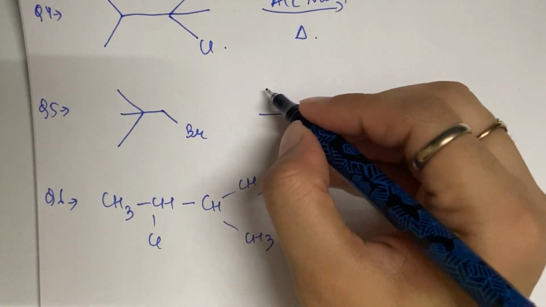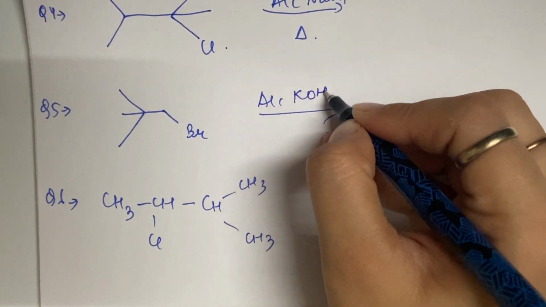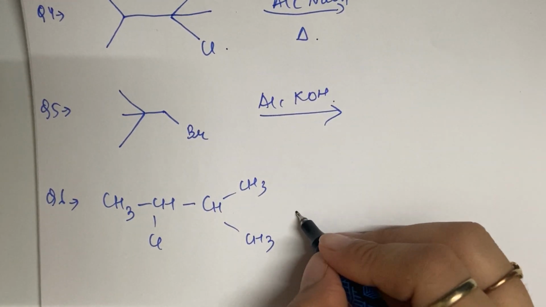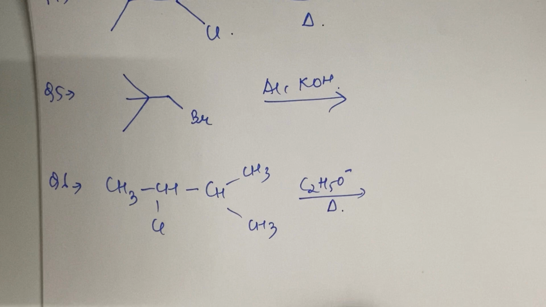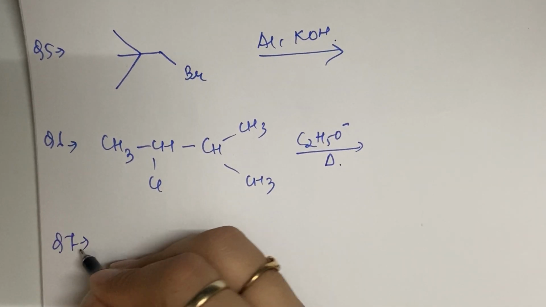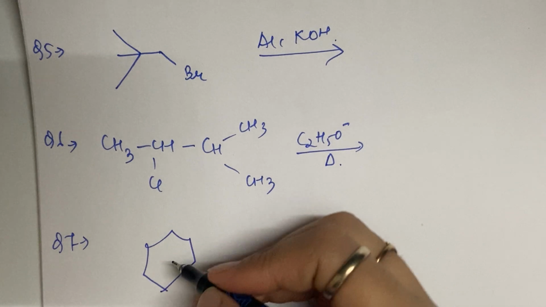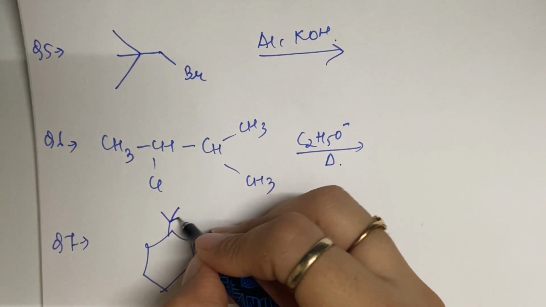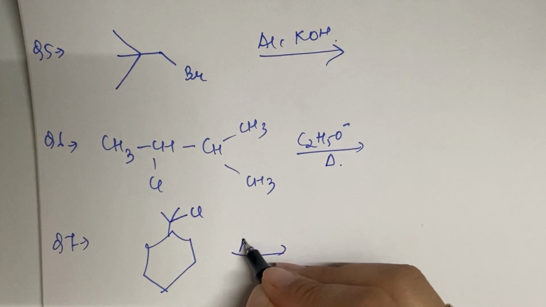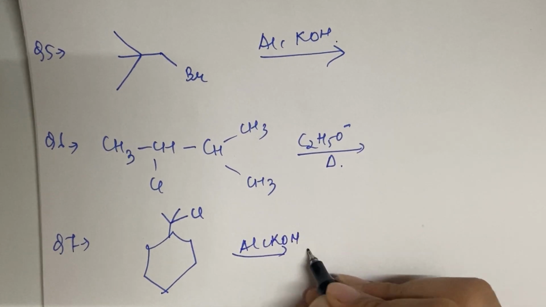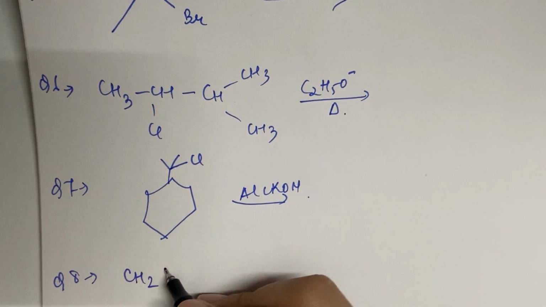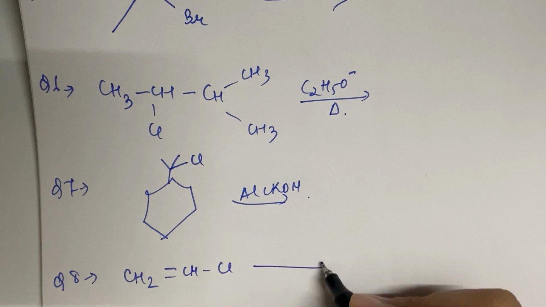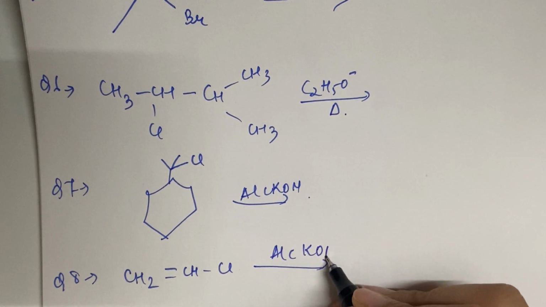Yes, obviously here you're using alcoholic KOH only, and in this case you're using C2H5O minus and you're heating it, and after that you can have this one and you're using alcoholic KOH. Then you have CH2 double bond CHCl and alcoholic KOH.